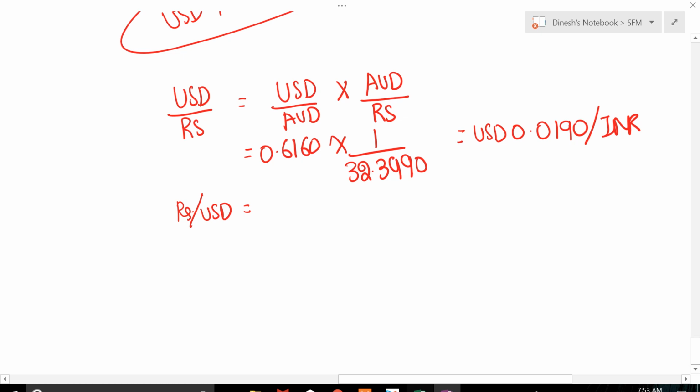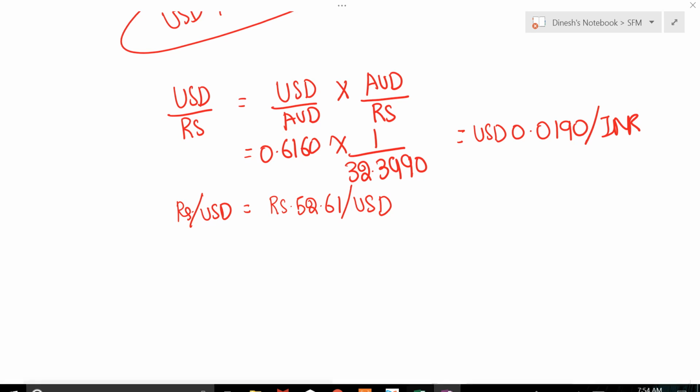Now please listen, either you use the formula by splitting or take an inverse of 0.0190. So 1 divided by that will give you the quote. Any doubts on this? What is the quote? 52.61. Rounding off issues can be there if you do multiplication and get it.